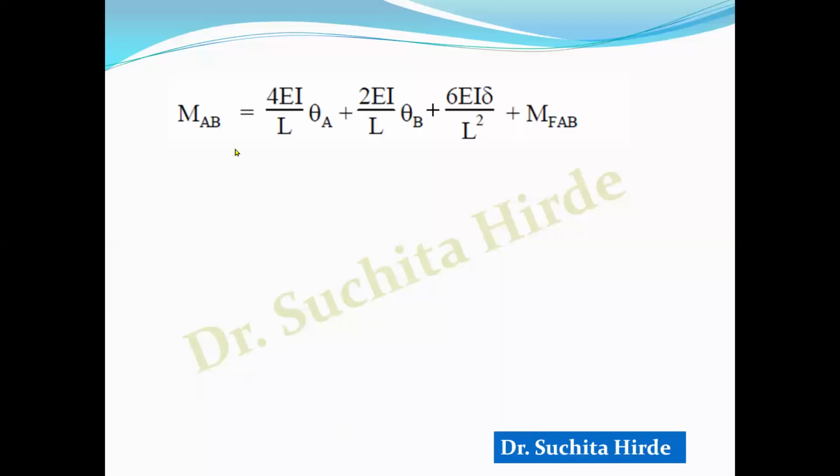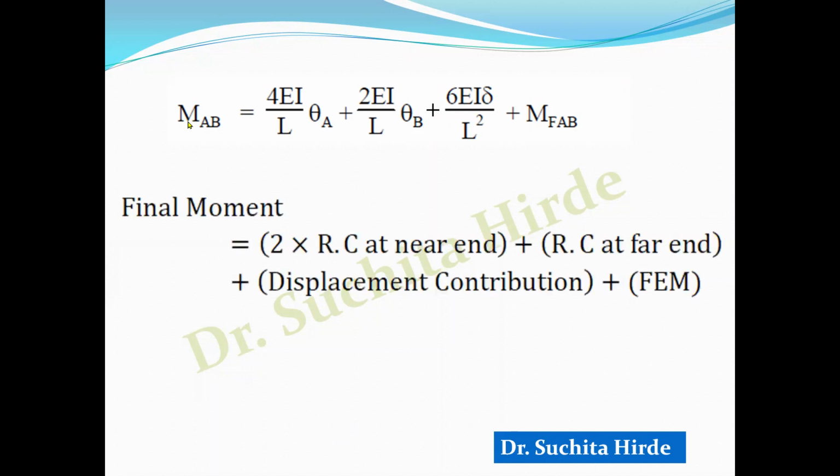Now, if this is the equation of the slope deflection method for member AB, how is it written in Kani's method? In Kani's method, MAB is the final moment of member AB at A. What is the final moment?